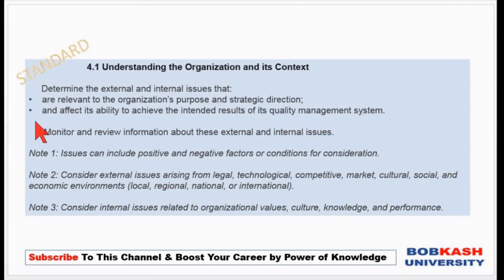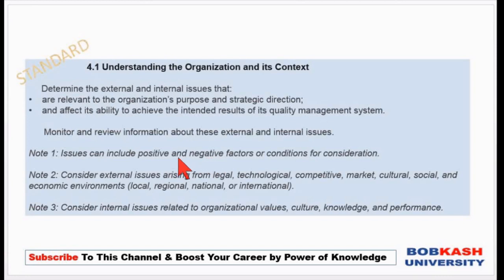The organization should also monitor and review information about these external and internal issues. Issues can include positive factors and negative factors. That means issues can be ones that positively impact the organization, and they could also be ones that negatively impact the organization.